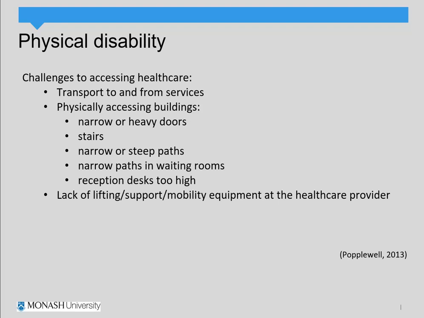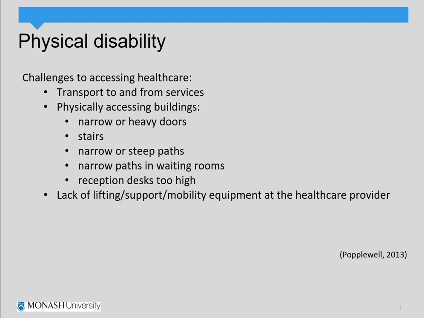The next thing may be a lack of lifting, support or mobility equipment at the healthcare facility. Community healthcare facilities are, I guess, the ones most to blame for this. The person turns up, the GP says to the patient, I need to get you up onto the examination table.